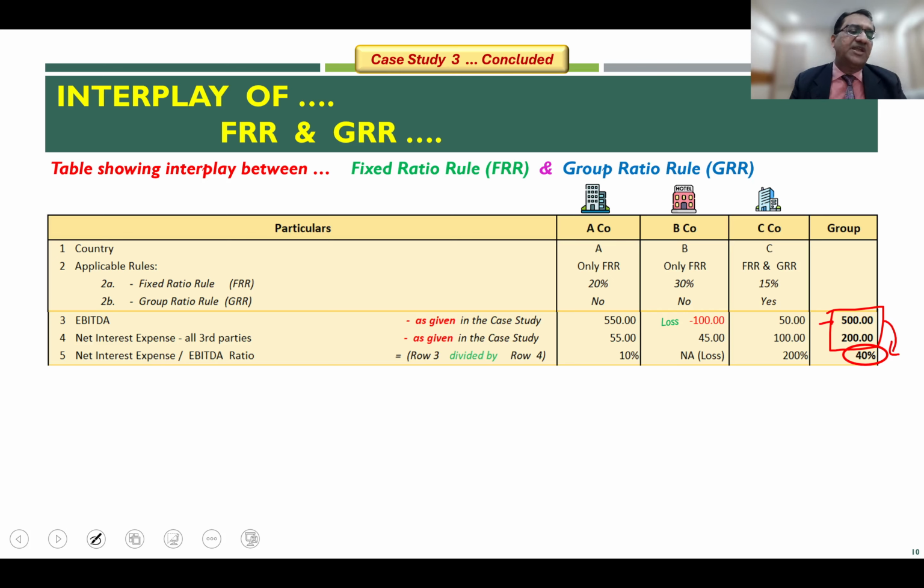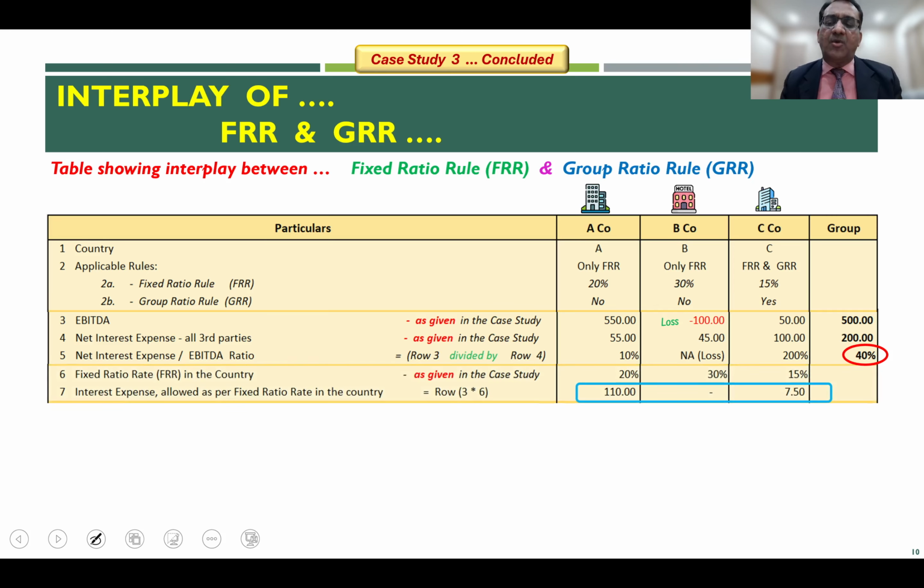Therefore, it gives 40% as the ratio. For this entity, 10%. For this entity, 200%. We said that it is highly leveraged. So your EBITDA is only 50, but your interest expense is 100. Now, when it comes to this entity, because it is loss making, this cannot be computed. So this will be not applicable.